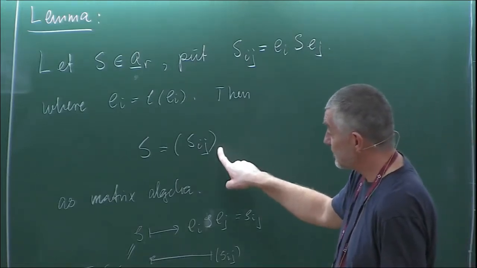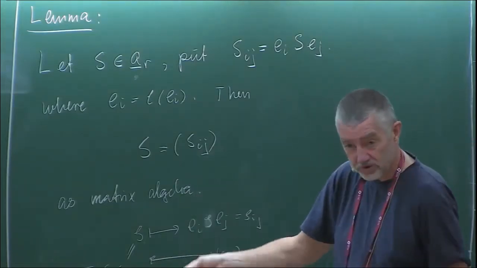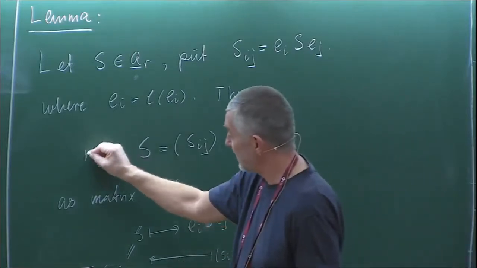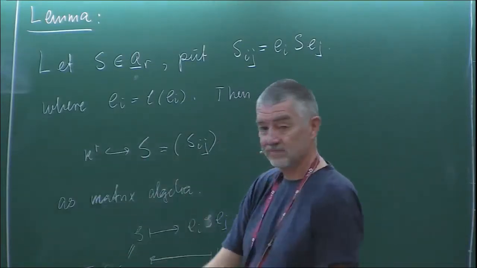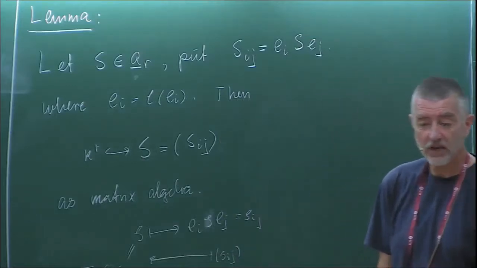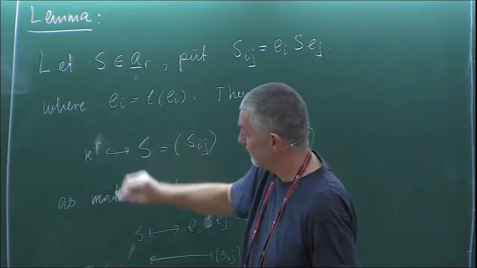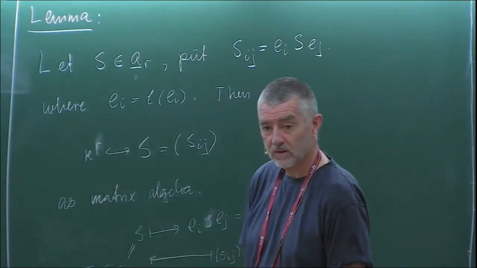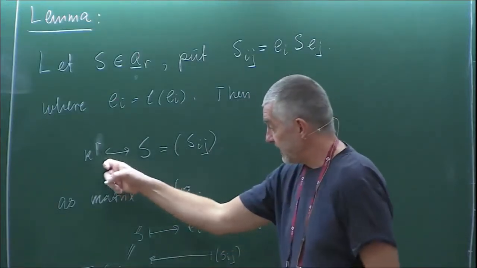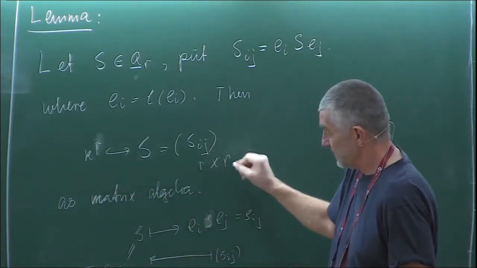This is a matrix algebra. If you want, of course it is over k, but it's also over k to the r. So it is a k to the r algebra. Yes, there are r times r elements.